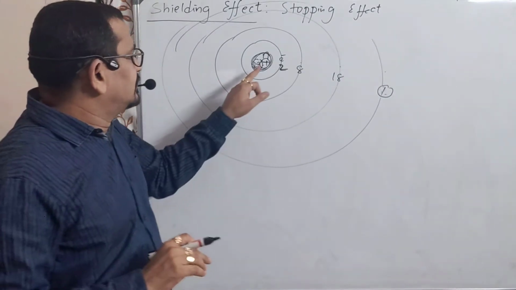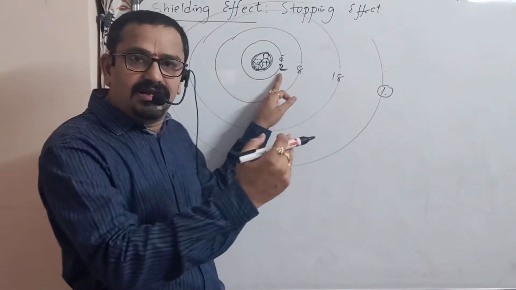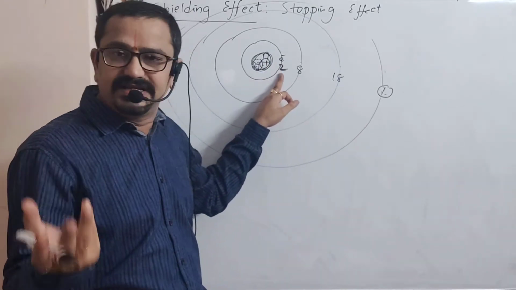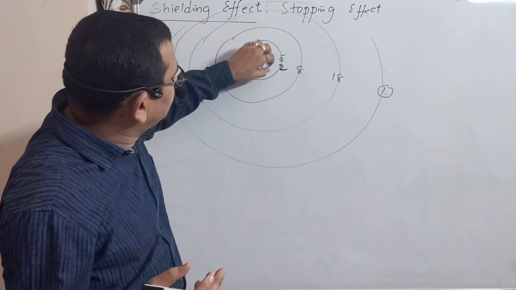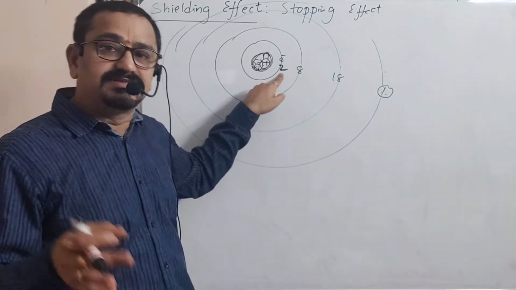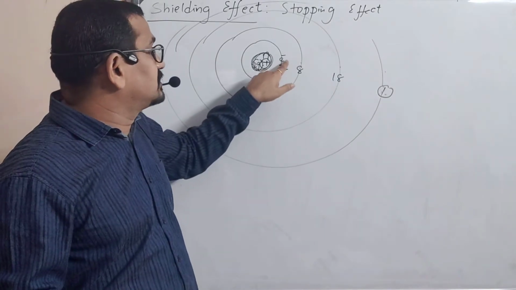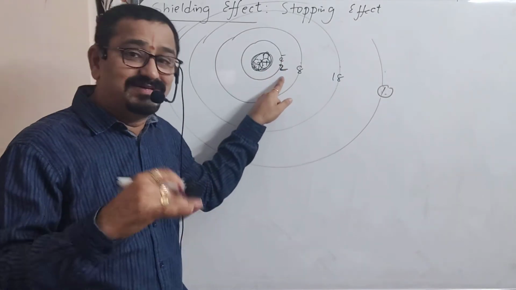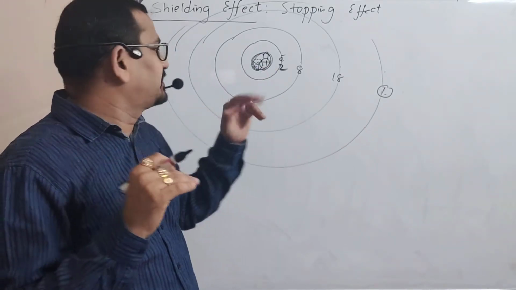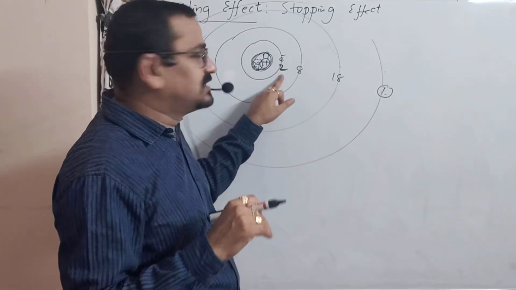Why? Because these are the first shell electrons. Between the nucleus and these first shell electrons, there is nothing else existing. So whatever the nuclear influence is, it will completely act on these two electrons. In fact, the attraction on the first electron can be relatively shielded by the second electron. That is also possible, a relatively small amount can be shielded.